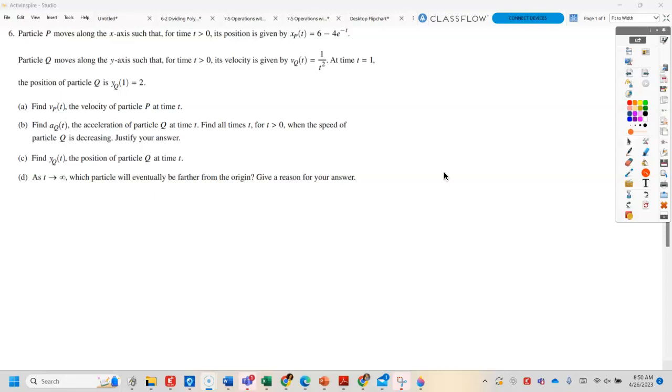So part A says, find the velocity of particle P at time t. How many points do you think part A was worth on the 2022 AP? 1. However, it's an easy 1 point, hopefully. Be very careful. The one thing they were looking at was your response labeled?